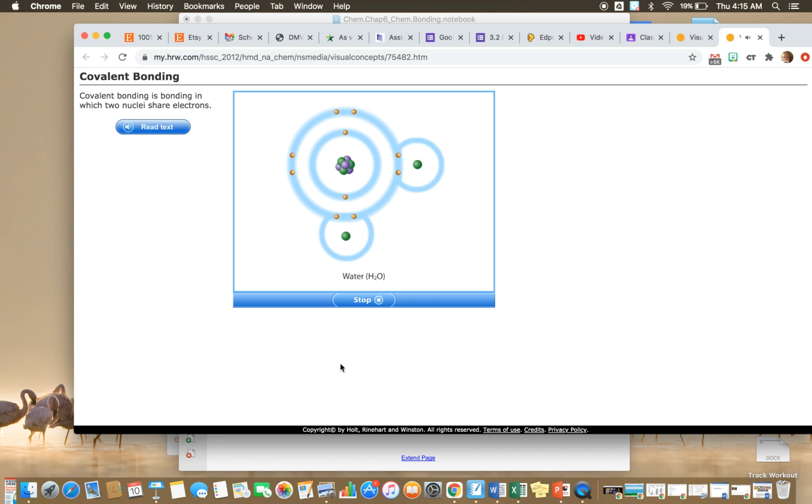Again, we see that covalent bonding gives each atom a full outermost energy level. The outermost energy level for hydrogen can hold 2 electrons. The outermost energy level for the oxygen can hold 8 electrons. In covalent bonds, the shared electrons move between the atoms that share them, forming a single electron cloud around both atoms.